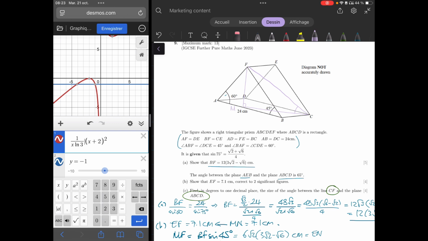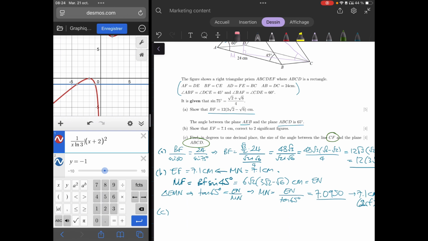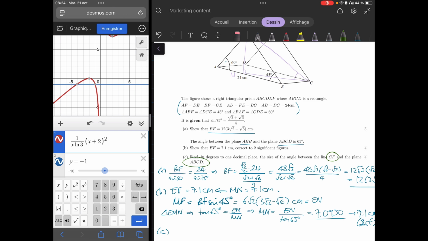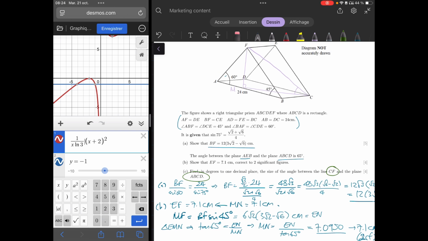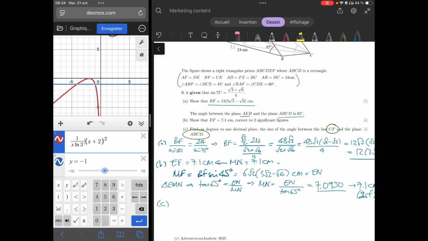To find this angle, you need to find the length of MC. We just got the length of EF from earlier. First, let's find the length of MC.